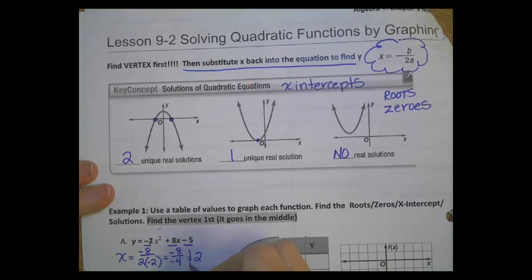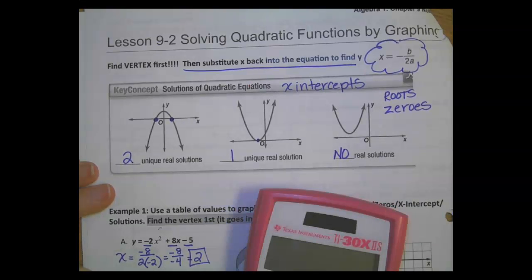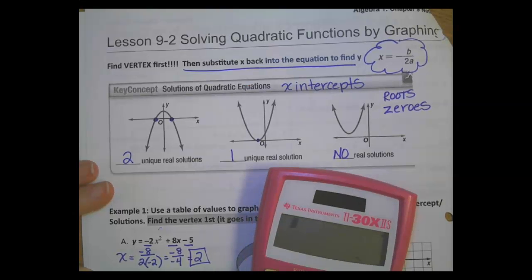I'm going to take this value of 2 and substitute it back into this equation. So y is equal to -2 times 2 squared plus 8 times 2 minus 5. Now I clear out my calculator and substitute that in.